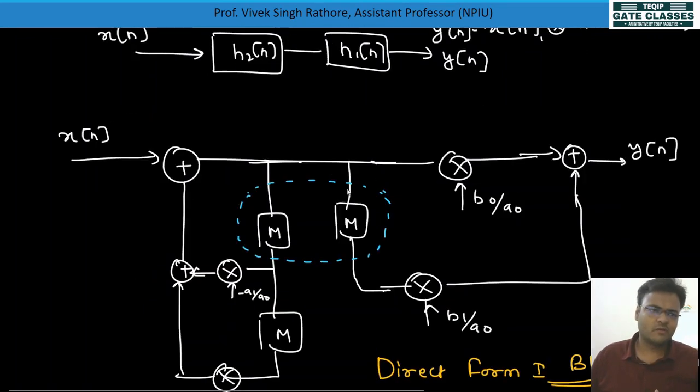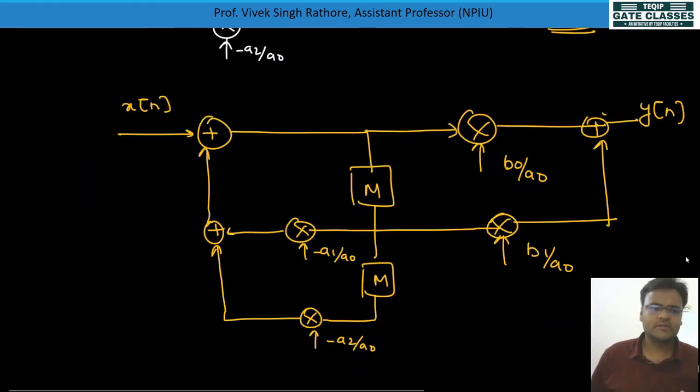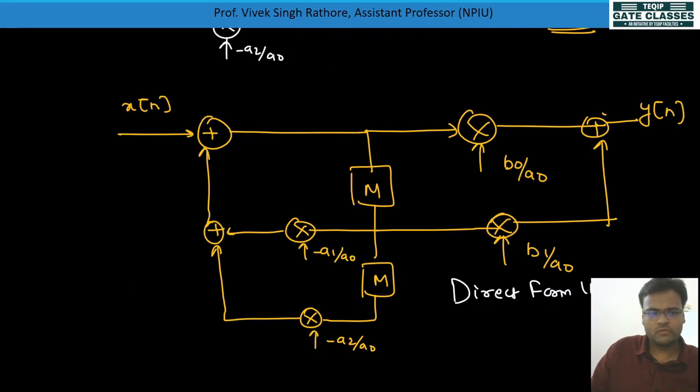So we can merge and put only one, then it's sufficient. Like this we can put, this is called the direct form 2 block diagram. I will write here direct form 2 block diagram, right? It is also called the normalized block diagram.